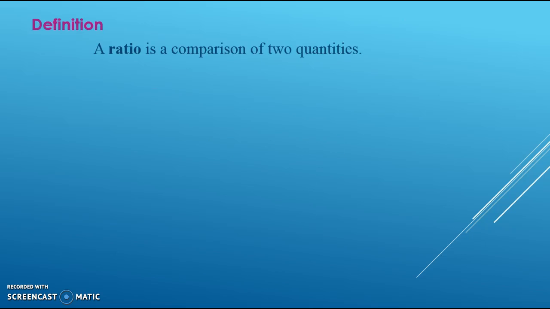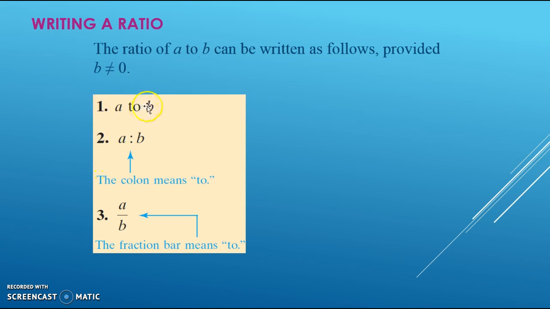Chapter 6 is all about ratios. A ratio is a comparison of two quantities. So maybe we're comparing apples and oranges, or boys and girls in a class, things like that. Here's an example. We can write it in 3 ways: A to B, or A colon B, or A over B in a fraction.